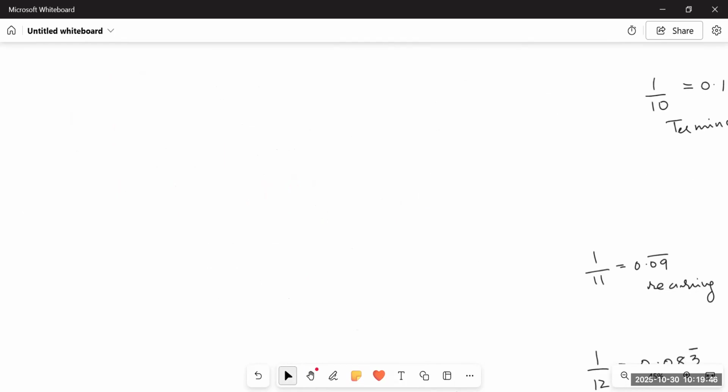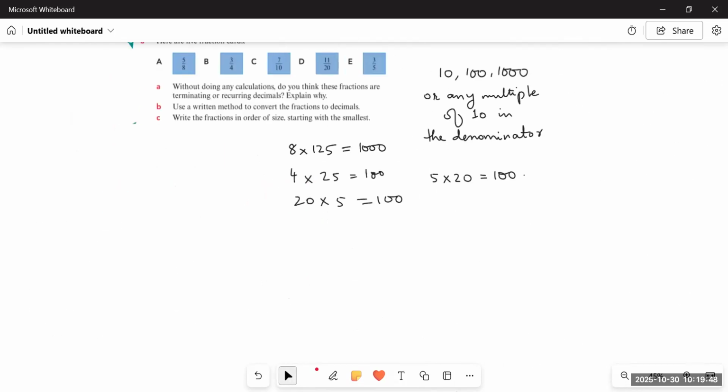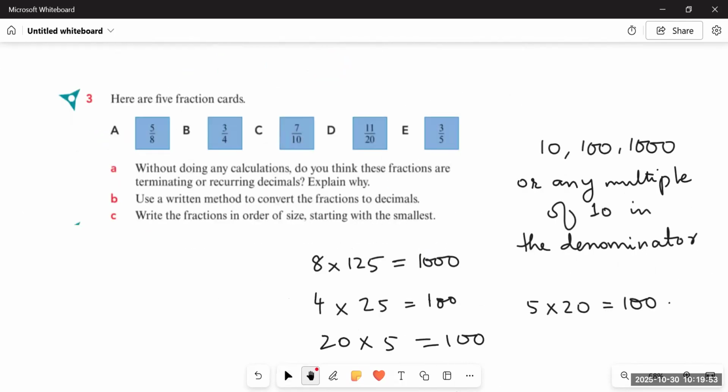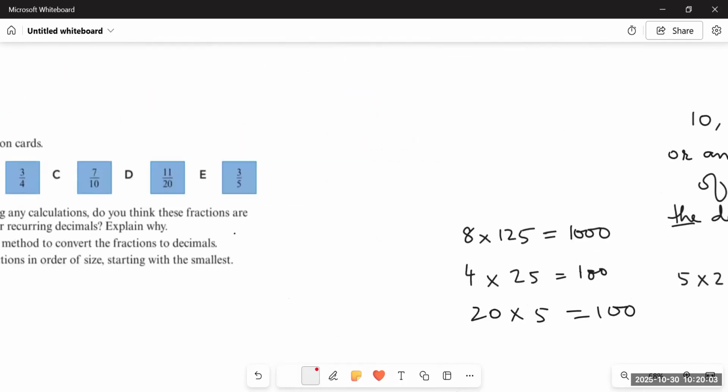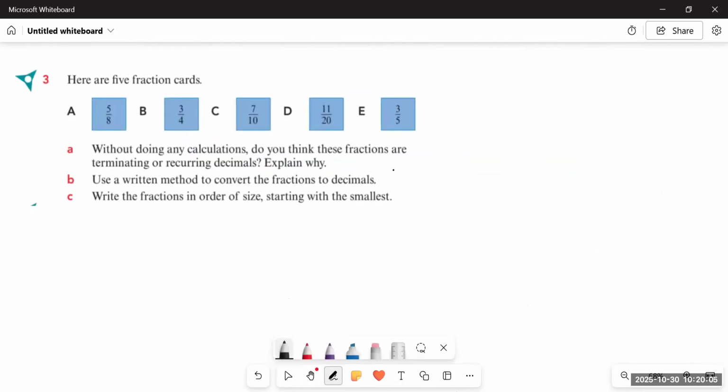Okay, so now let's talk about these. 5 over 8, when you divide 5 by 8, you can solve these fractions very easily by using a method that I'm telling you. You just have to find their equivalent fractions. 5 over 8 equals 625 over 1000. So it becomes 0.625.